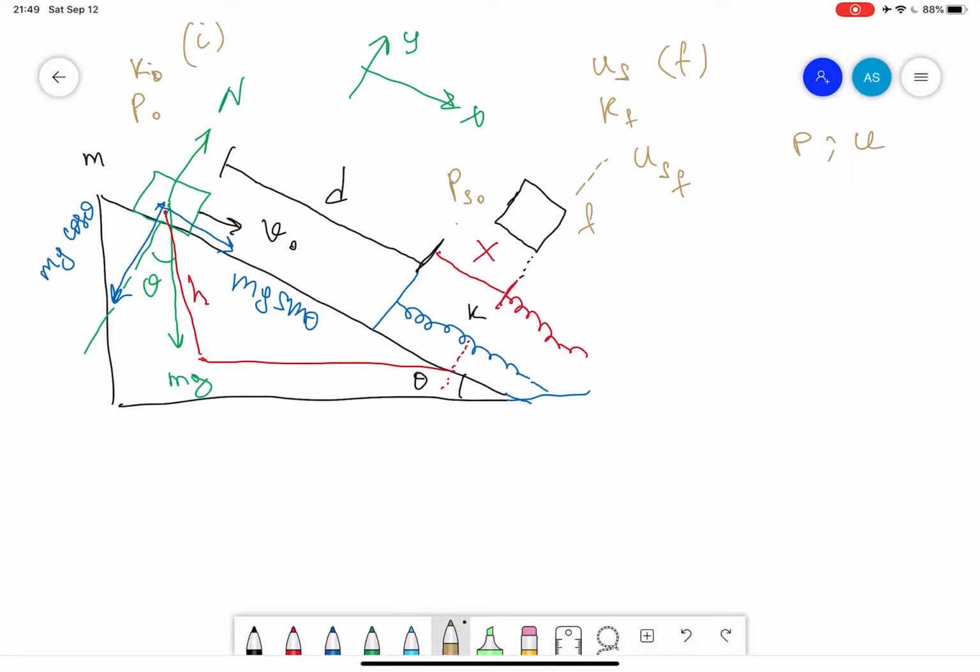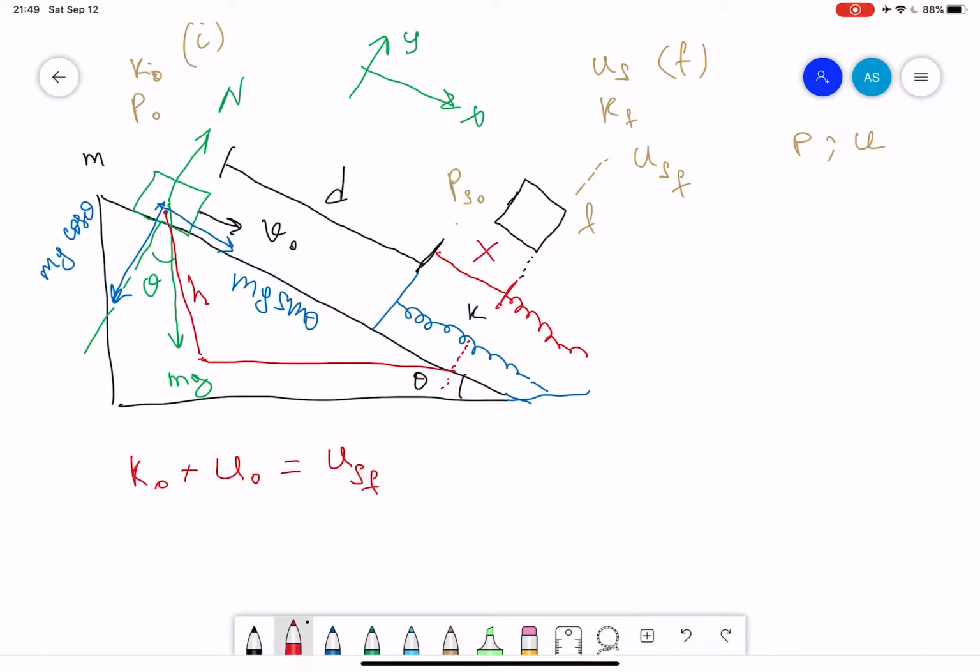So we can say that kinetic energy initial plus potential energy of the box initial will be fully converted to the spring potential energy final.